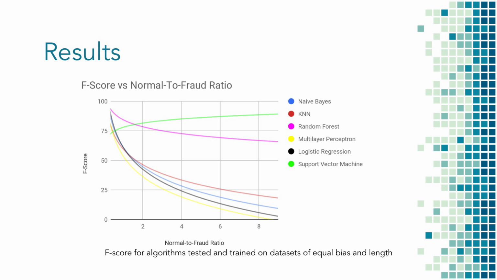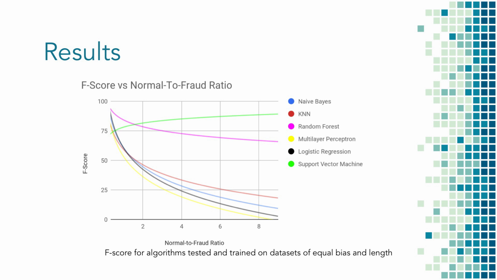As you can see here, as the normal to fraud ratio decreases, which means as there's less normal but more fraudulent cases, the F-score increases, which means that the algorithms themselves, in this particular case, work better when you have a lower normal to fraud ratio.